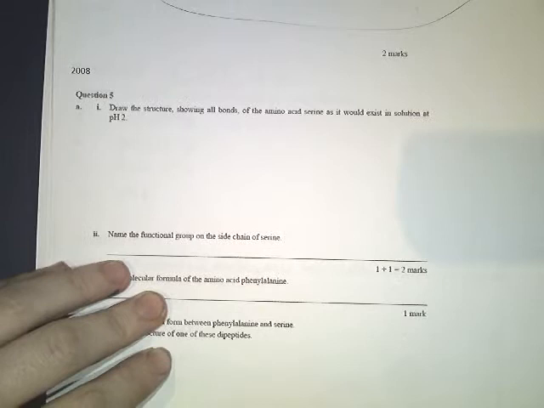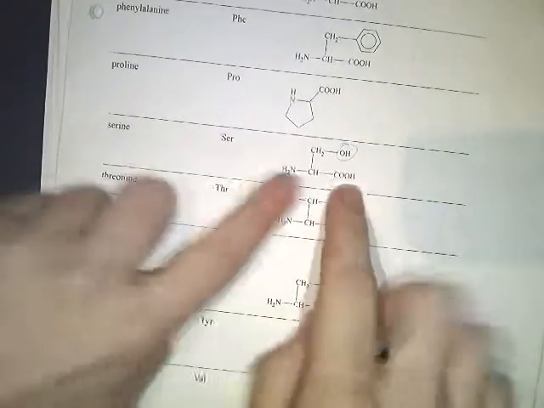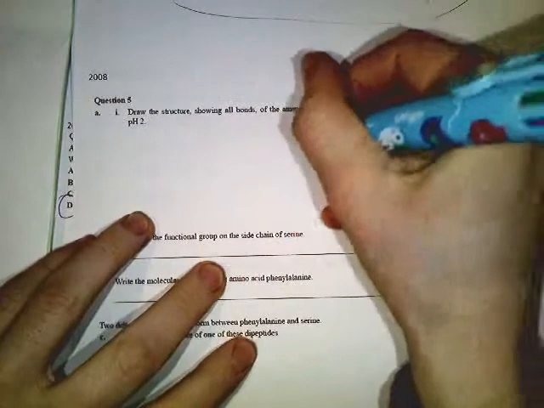Draw the structure showing all bonds of the amino acid serine as it would exist at pH 2. Now, first you've got to look at serine. You've got to look, does serine have any amino groups or carboxyl groups? Well, yes, it has it just like every other amino acid, but it doesn't in its Z group, so the Z group stays the same.